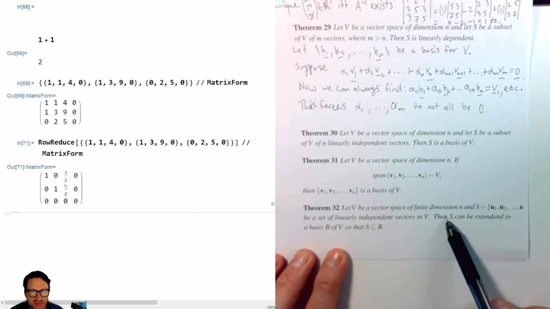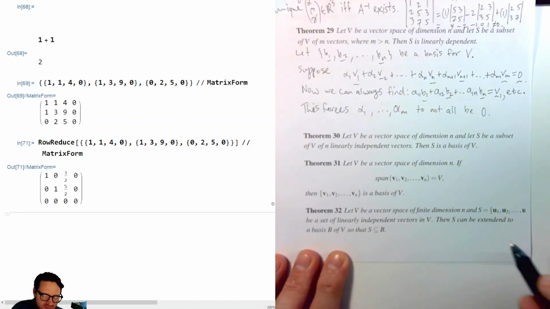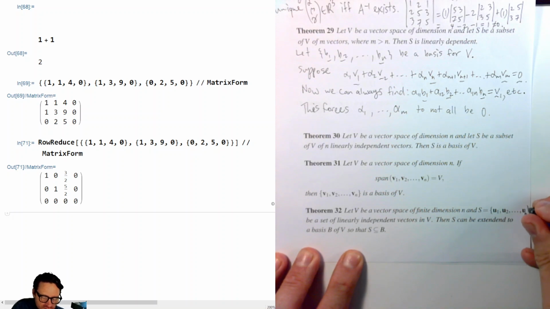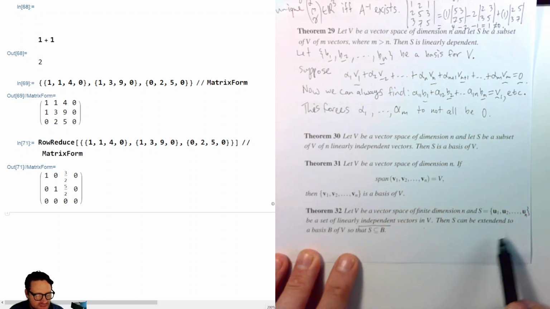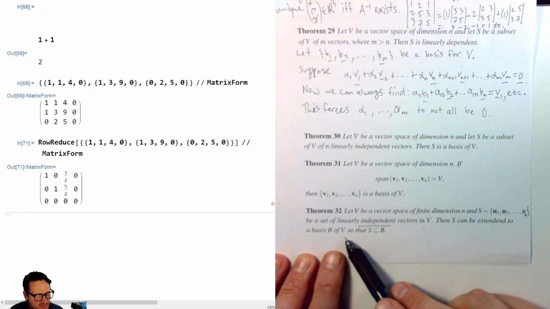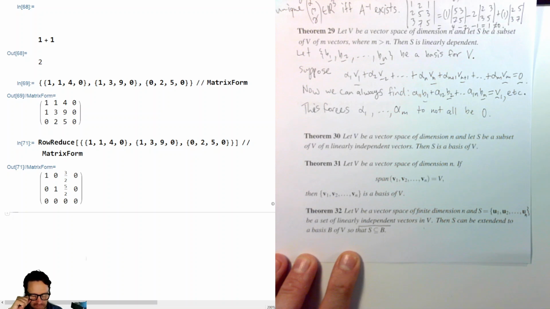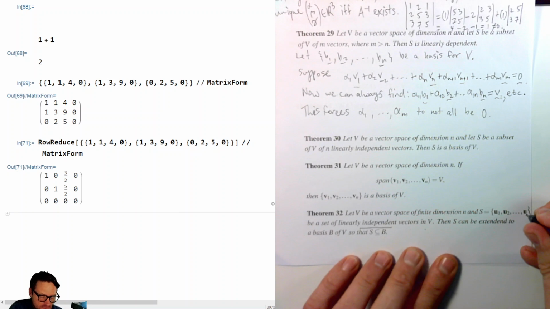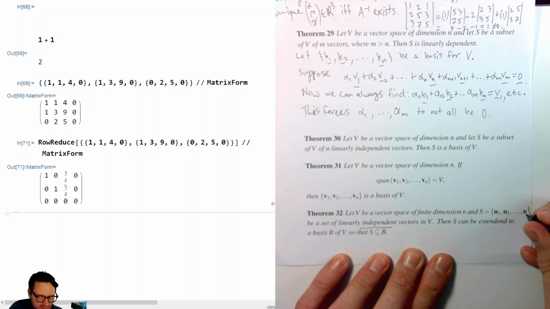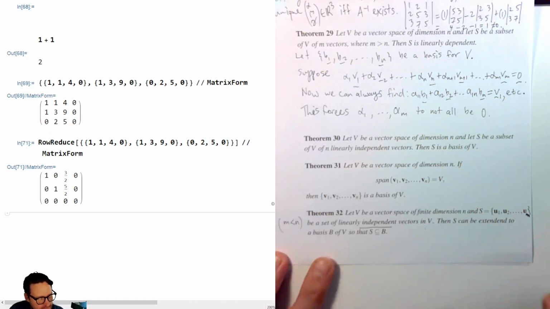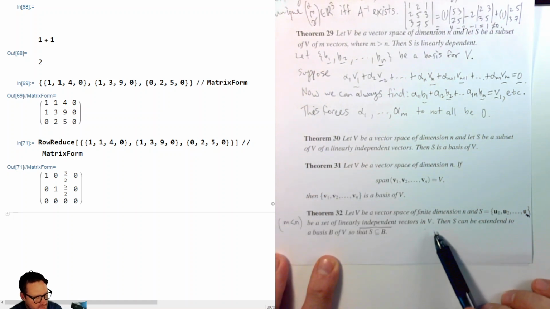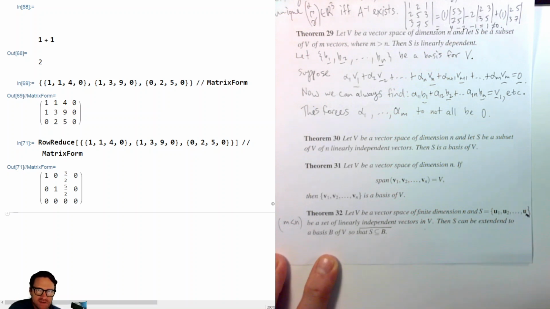Theorem 32. Let V be a vector space of finite dimension n, and let S be the set of vectors u1 through um be linearly independent in V. Then S can be extended to a basis B of V so that S is a subset of B. Okay, so let's say this is M. Right, it was cut off, so let's assume that that was M, with M strictly less than N. If these are independent, then I can find another bunch of vectors to include as basis elements to make this into a basis.